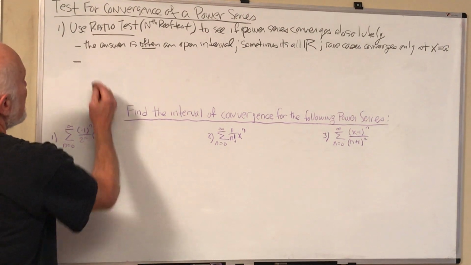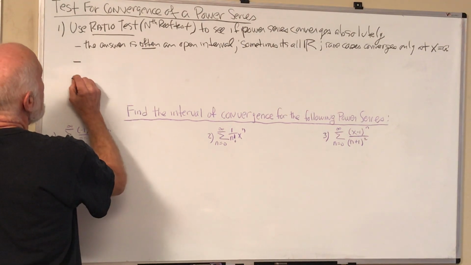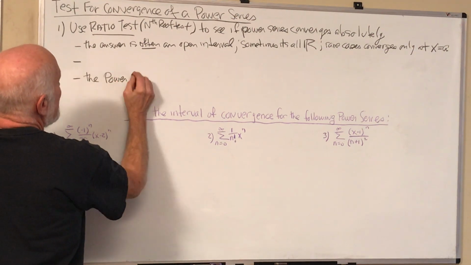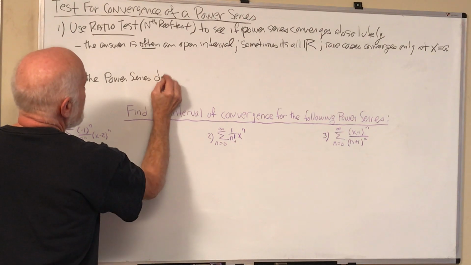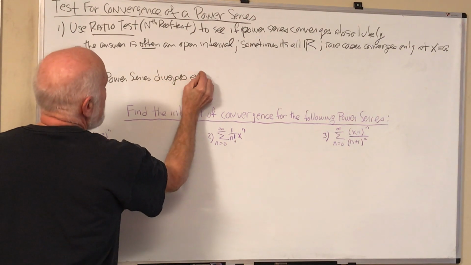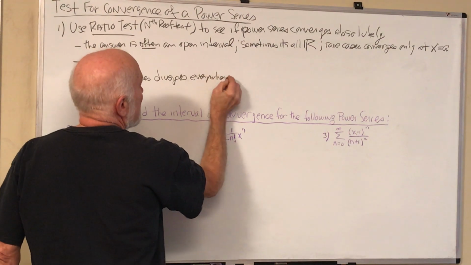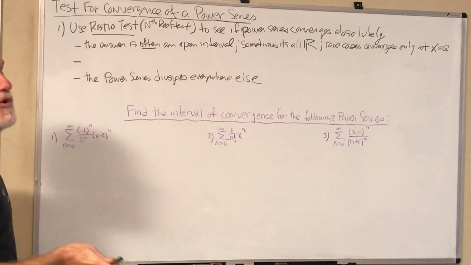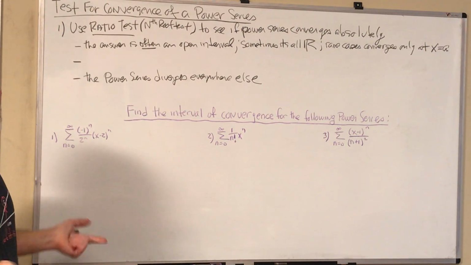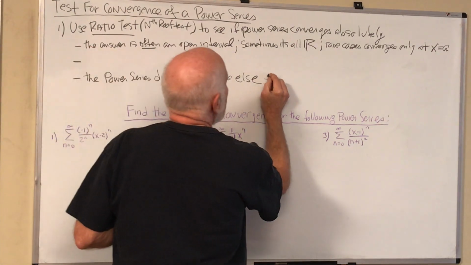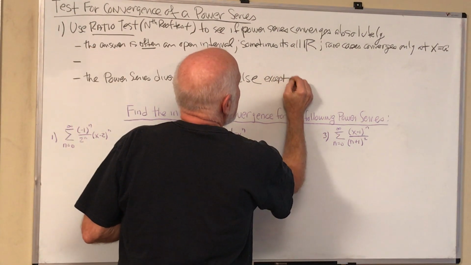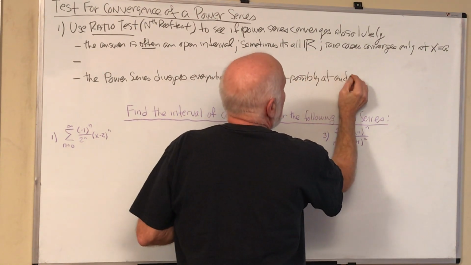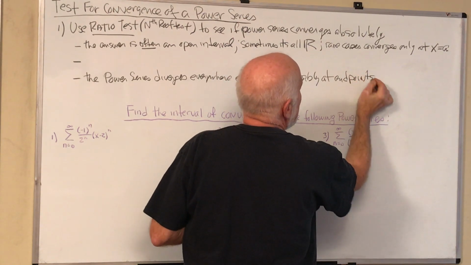What they proved was that everywhere you found it converges absolutely, the power series converges, and the power series diverges everywhere else, except possibly at the endpoints of the interval that you found in part A.